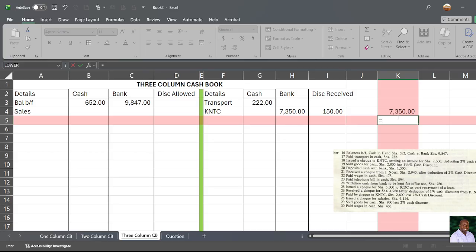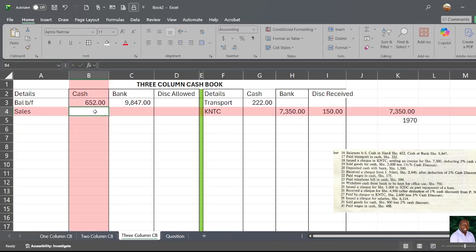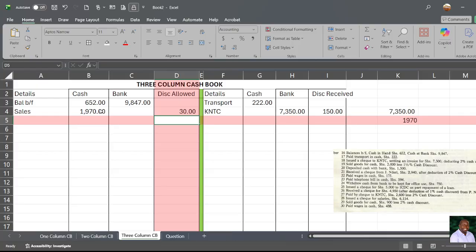So 98.5% times 2,000, they are receiving in cash 1,970. If you subtract that, the discount allowed is 30 bob, that is 2,000 minus that.